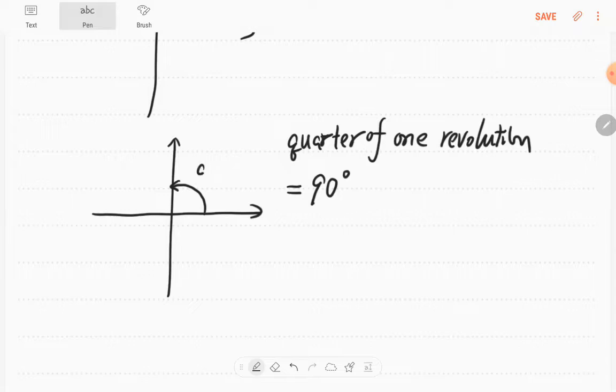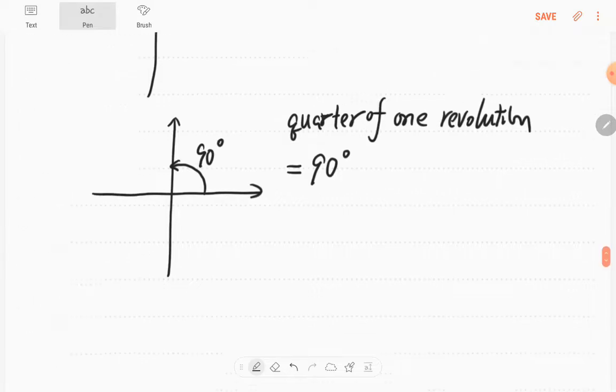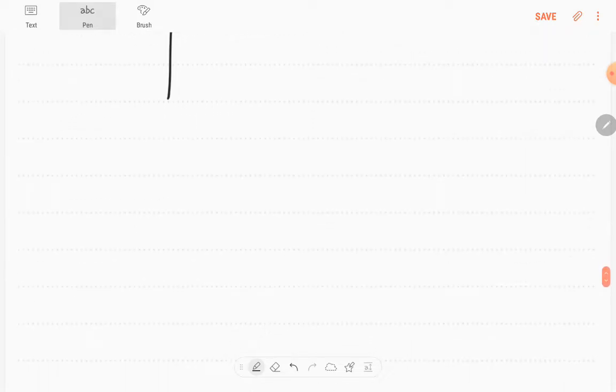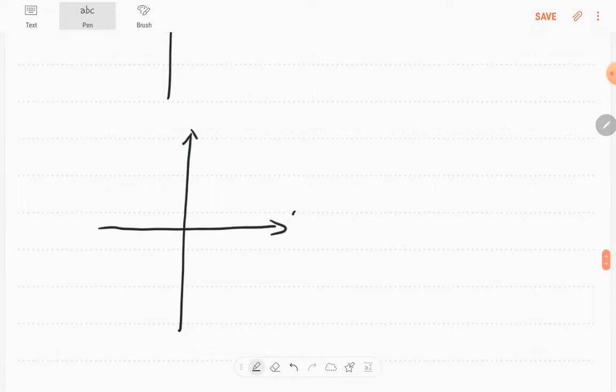So here is 90 degrees. If the terminal side and the initial side are in the same position, we didn't rotate, so it's 0 degrees.